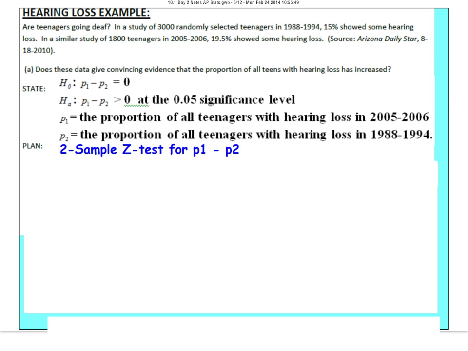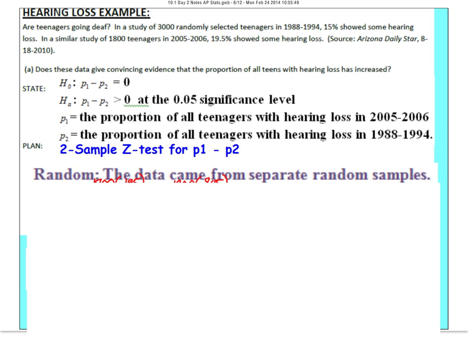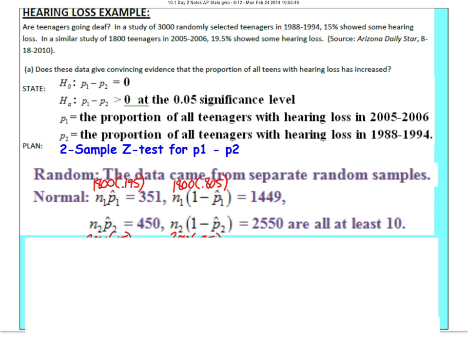Let's check our conditions. For randomness, the data come from random samples, that is stated. For normalcy, let's double check that all 4 of these conditions, for sample 1 and for sample 2, are greater than or equal to 10. All of the counts of successes and then those of failures are greater than or equal to 10, so the approximately normal condition has been met.